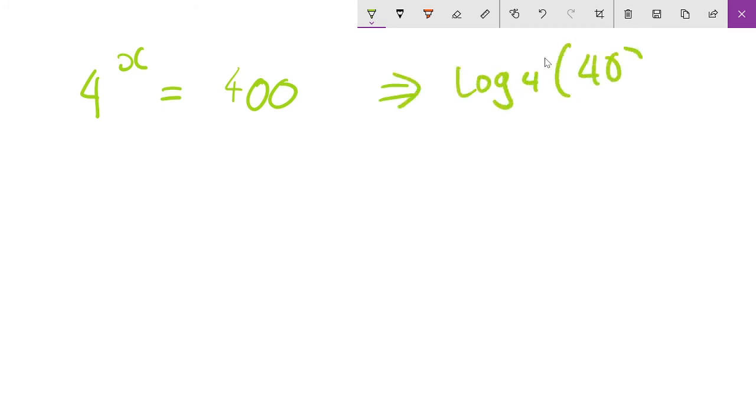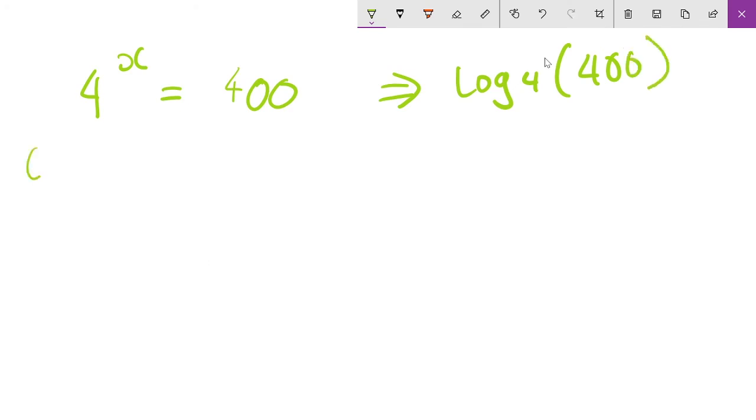Now let's go to a practice question that most people can do. How are you going to solve log to base 4 of 400, let's say? Even though you can clearly solve this using normal indices, let's solve it using logs. The first way is to plug it into your calculator, if your calculator allows you to do that.